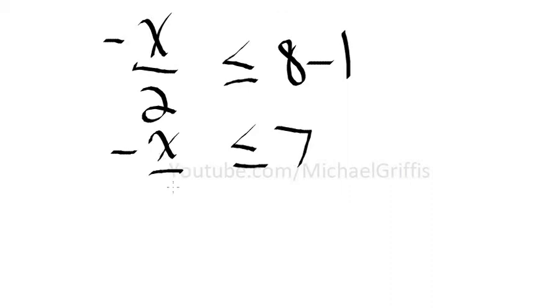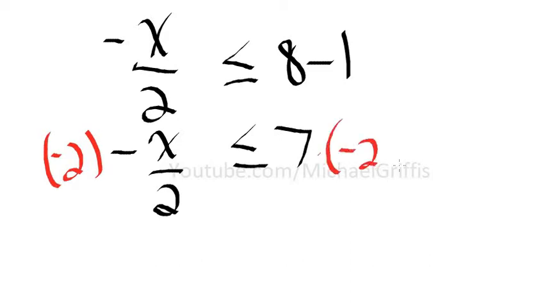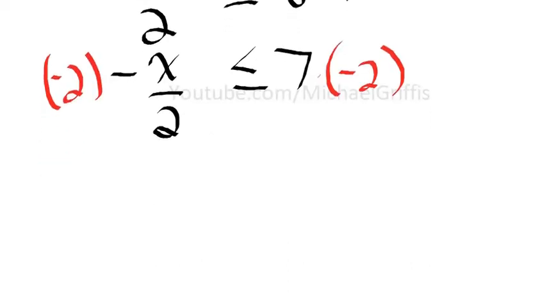We're just rewriting. Now what are we going to do? We're going to multiply both sides by negative 2. I'm going to try to save some space here because we're running out of space. So instead of rewriting this, we're left with x, since I multiplied through by a negative 2.